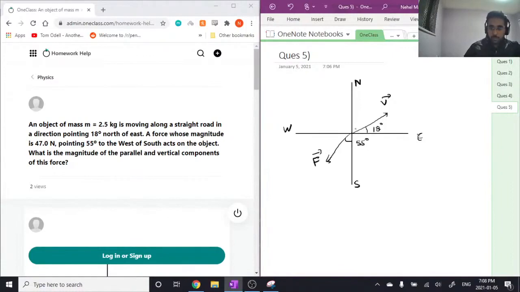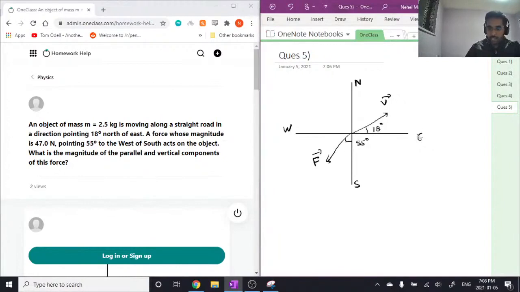Okay, so the important thing to note here is when you think of a billiards or a pool ball, if you hit a ball which is already moving, let's say if this ball was moving here and if you hit it in another direction, it won't travel in the direction you hit it. It will travel in some other direction. Essentially, the reason I'm saying that is we won't use this 55 degrees in order to compute the components.